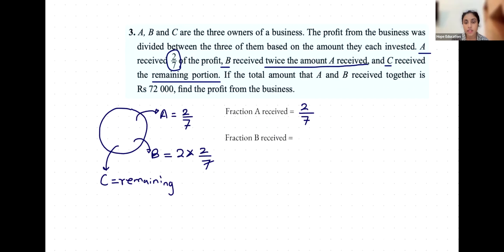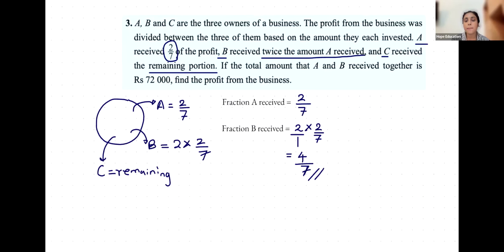So A got 2/7 and twice of 2/7. Here 2 times 2 is 4, 1 times 7 is 7. So that means B received 4/7. If the total amount that A and B received together is 72,000.